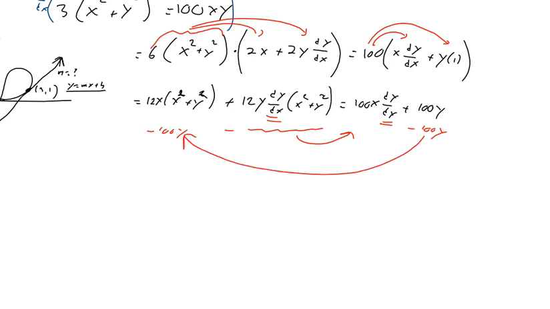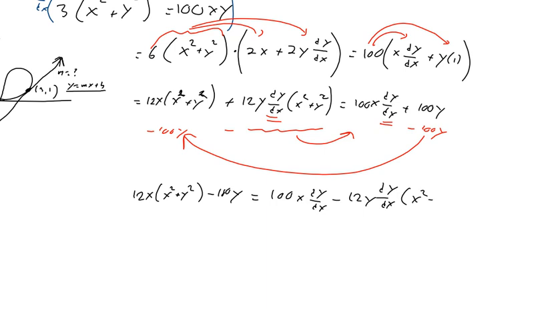So I'm putting the dy/dx's together and everything else on the other side. 12x times x squared plus y squared minus 100y equals 100x dy/dx minus 12y dy/dx times x squared plus y squared.